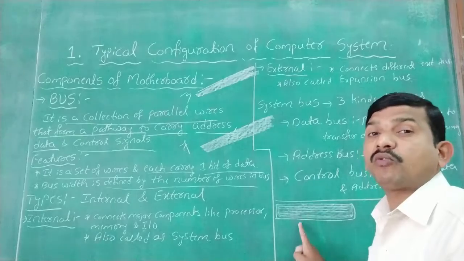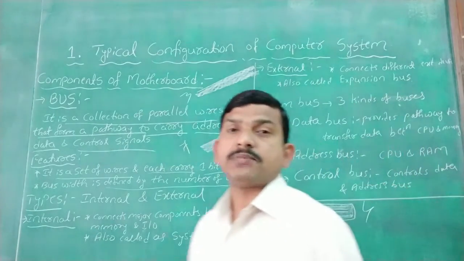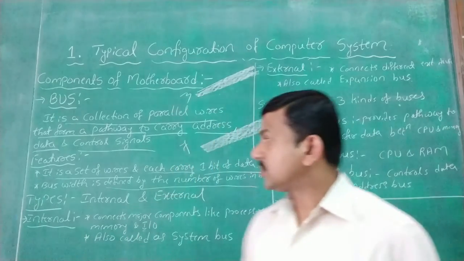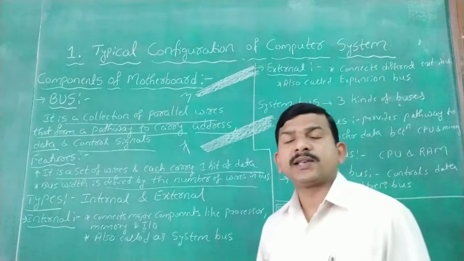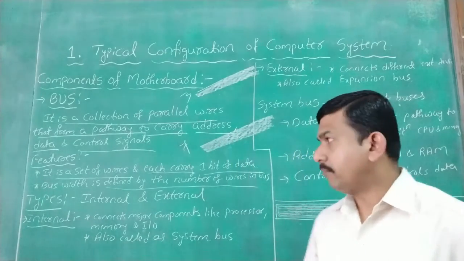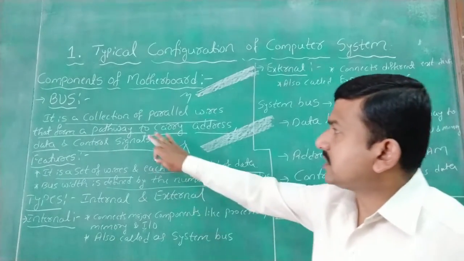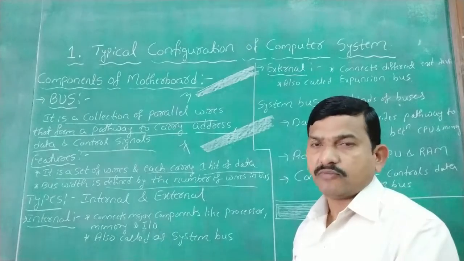This bus contains 4 wires, so the width is 4. Like this, how can we find the width? The number of wires present in that bus is nothing but the width of a bus. Is it clear? So this is some introduction about what we mean by bus and the features of bus.